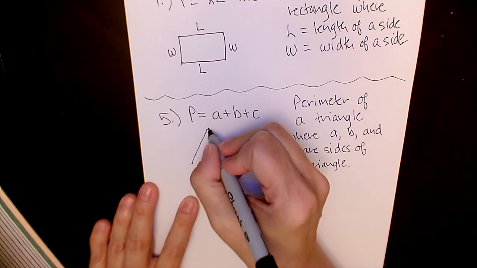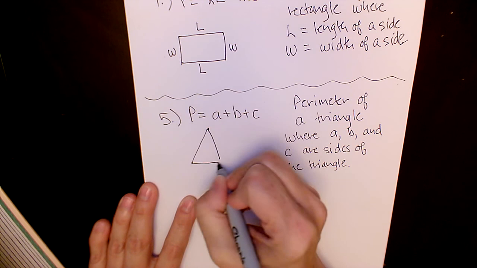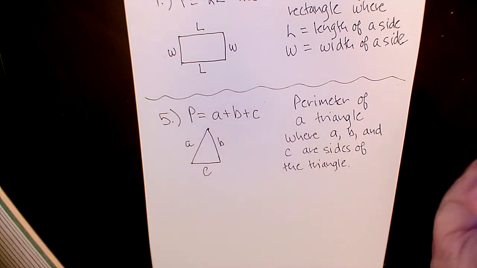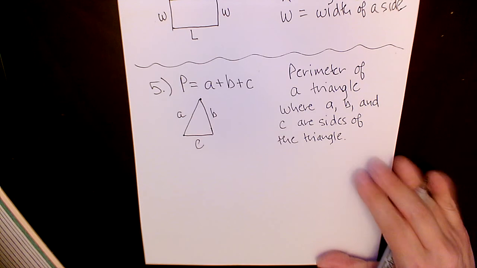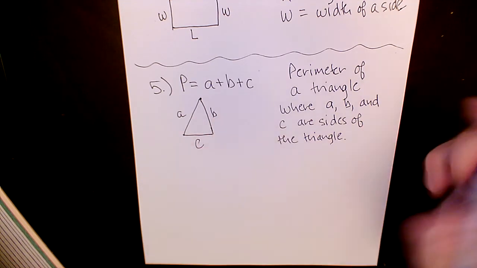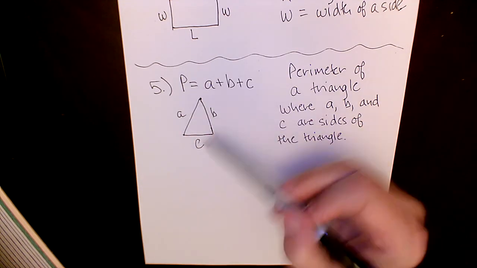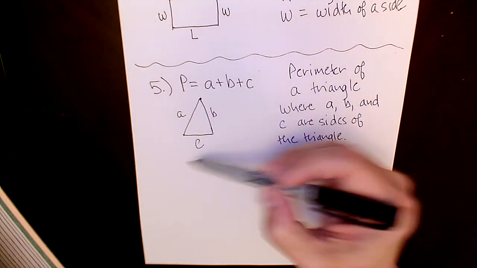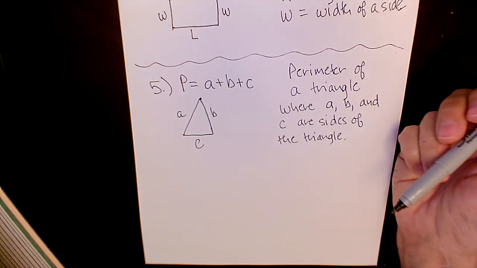So here's a triangle, and I'm just labeling these however. I could have put B here, A here. So this is side A, side B, side C. And again, if we want to find the perimeter, we're just going to add up all those sides.